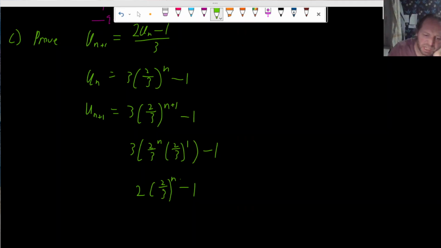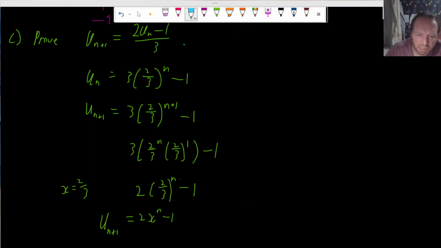If you consider that 2/3 to be an x, you've got 2x^n minus 1, and you can see there that we can't do anything with it. So where do we go next? All we know about that is it is equal to u_(n+1). Doesn't look anything like what we wanted.